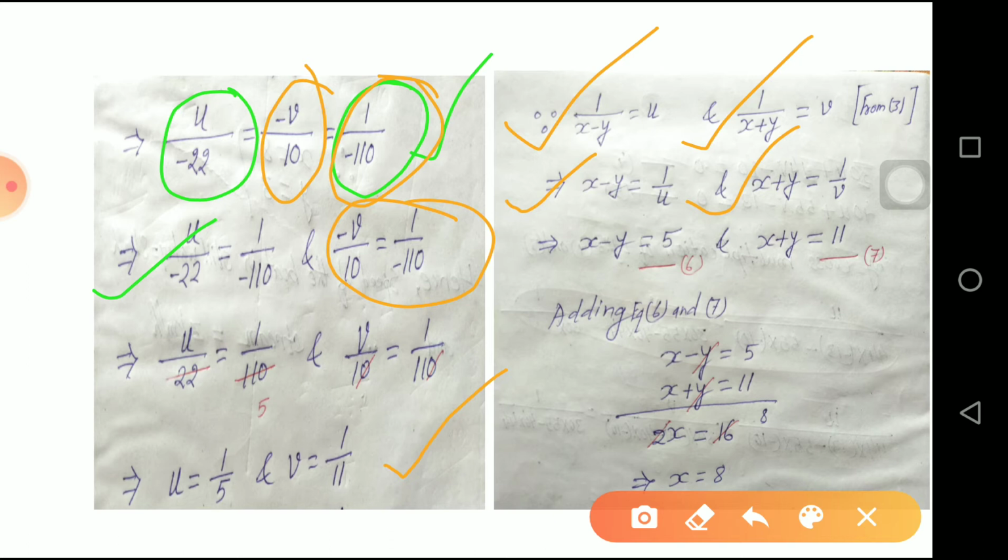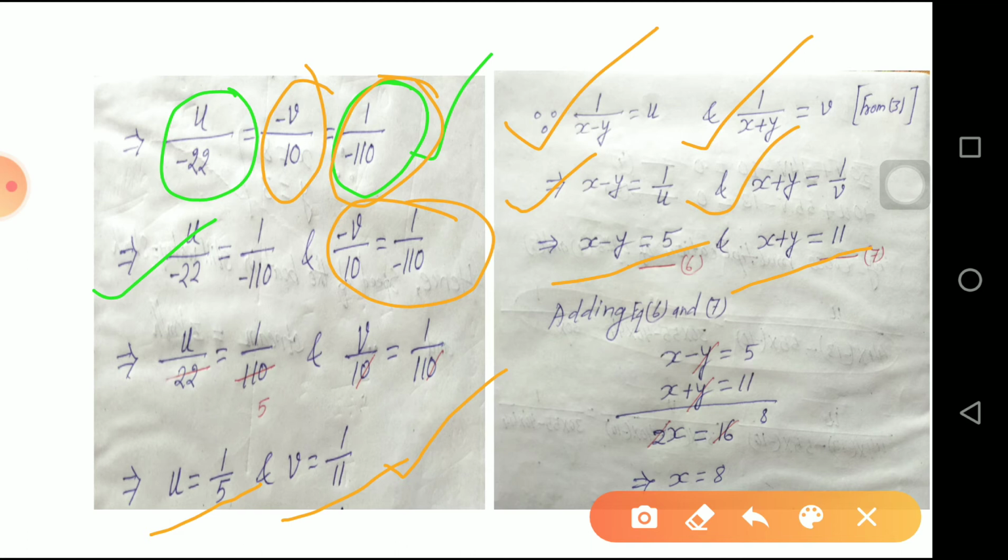This implies x minus y is equal to 5. U is equal to 1 by 5. So 1 by u, this will be equal to 5. So x minus y is equal to 5. We can say this equation is 6. Now x plus y is equal to 1 by v. The value of v is 1 by 11. So 1 by v is equal to 11. So x plus y is equal to 11. This is our equation 7.